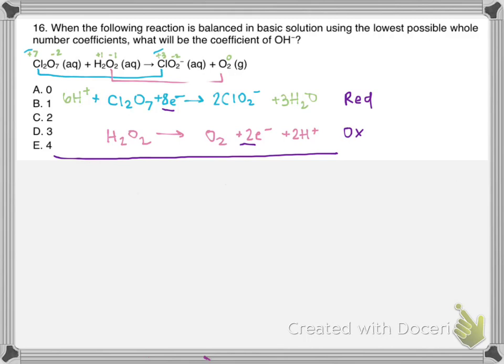So I'm going to go ahead and say we're going to have 4 hydrogen peroxides, creating 4 O2 minuses, which will then give off a total of 8 electrons into solution. And then we'll have 8 protons. And so now that we have our electrons canceling, we can look at the rest of the equation.